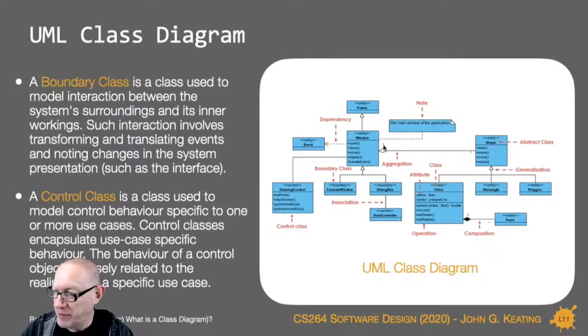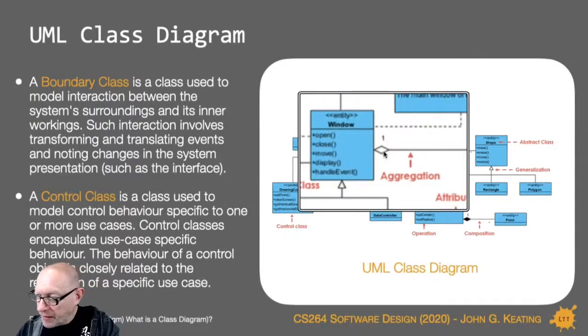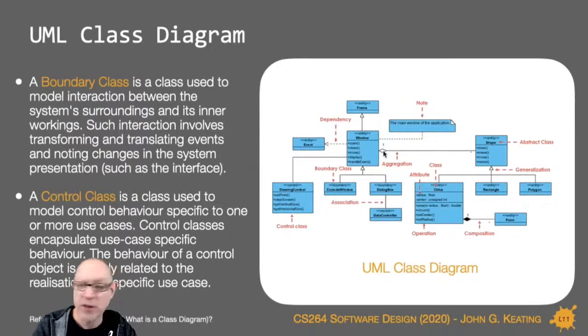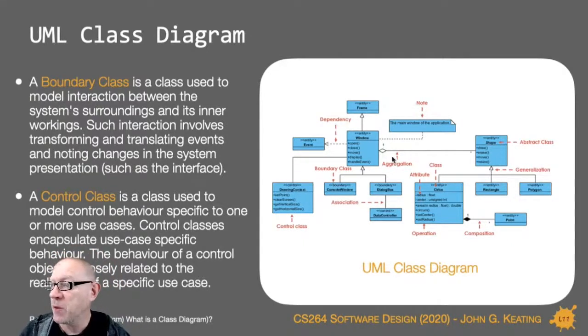The whole point about that window is this: you can see this open diamond here, this aggregation, that tells us this window, which is our drawing window or our canvas, and you could imagine that this was the canvas in your exercise, contains one or many shapes.